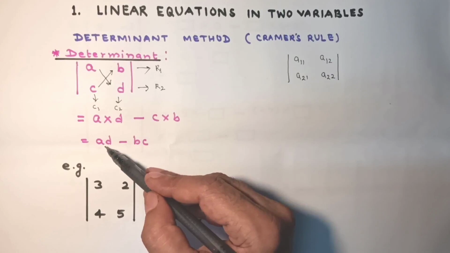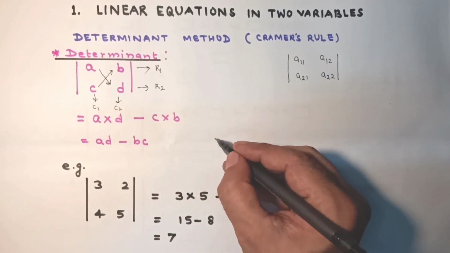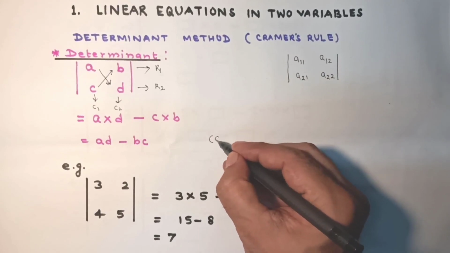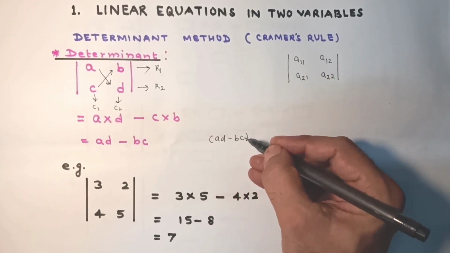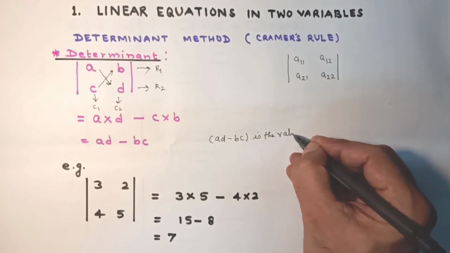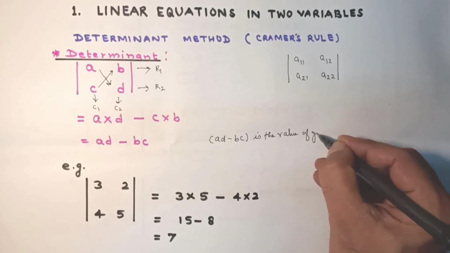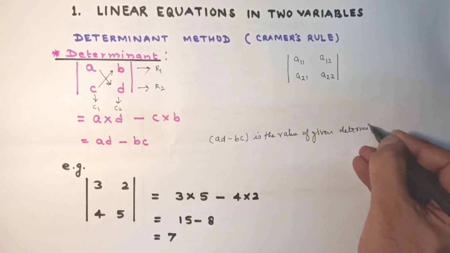Your answer will be AD minus BC. So you can say AD minus BC is the value of given determinant.